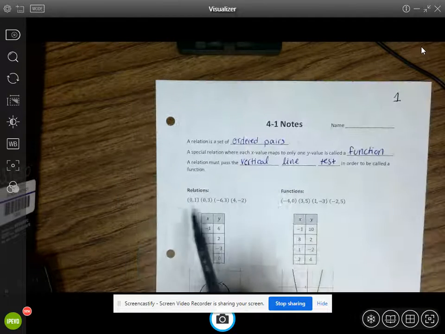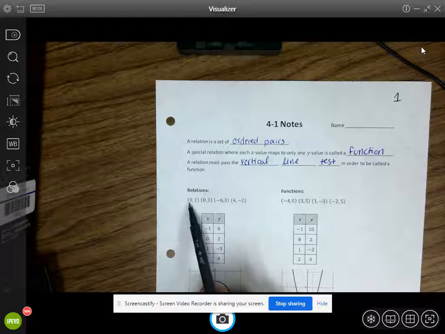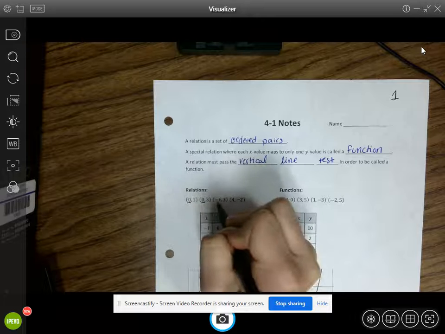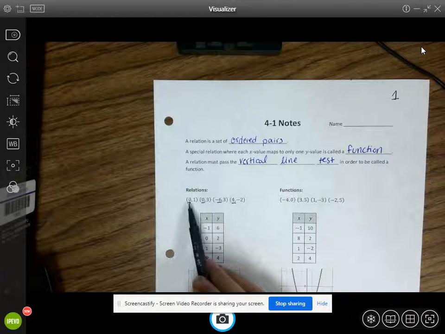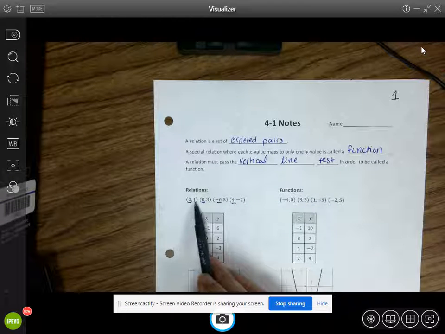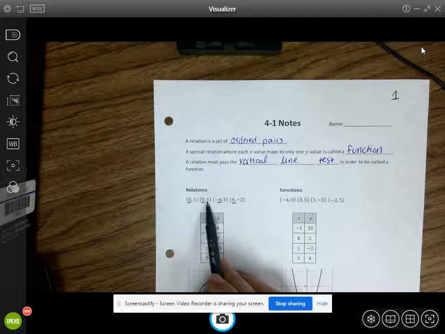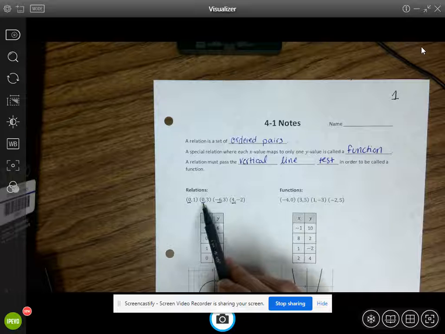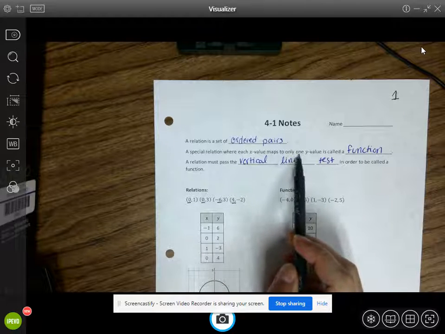So if we look at our examples down here, I look at the x value. See how I have 0, 1, and I also have 0, 3? Well, then the x value of 0 has two y values.